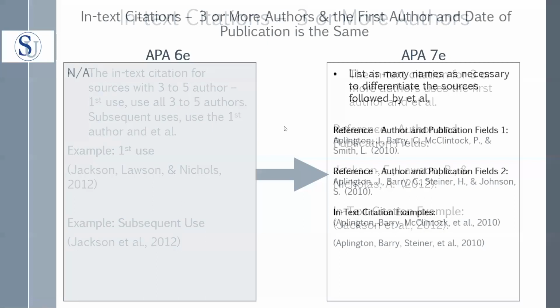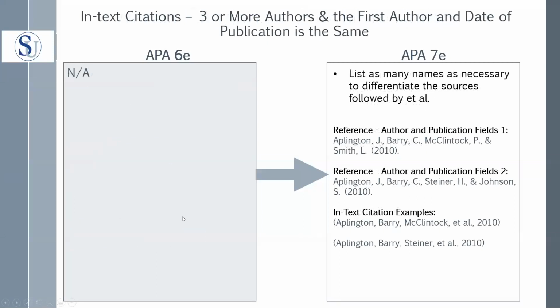Now, there is a caveat to that, and that's if you have 3 or more authors, and the first author and date of publication are the same. So, for example, if you notice in these 2 references, the first author for both of these references is Applington, and the year of publication for both of them is 2012. Well, that would present a problem.